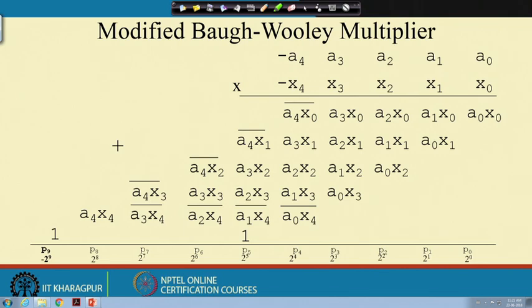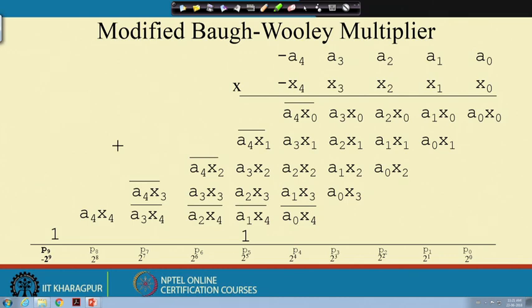You can use the tree method to add these partial products, or you can use any fast adders to sum them up, or you can follow the serial manner also. Okay. Now, it is your choice, but the corresponding multiples generation is basically done in this manner in the modified Bogly multiplier.